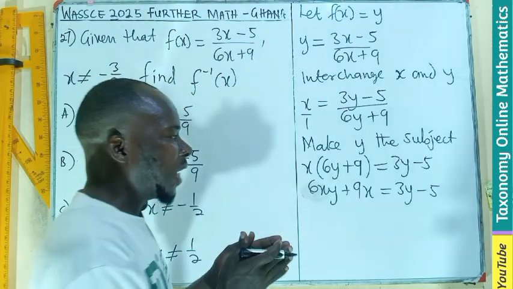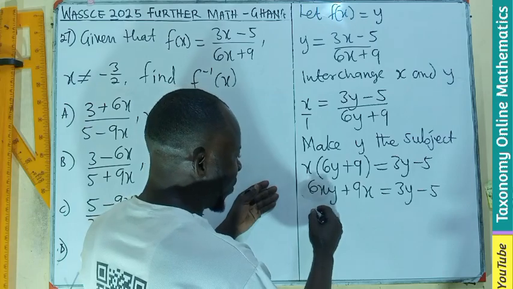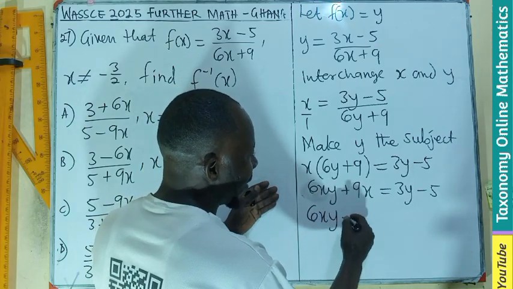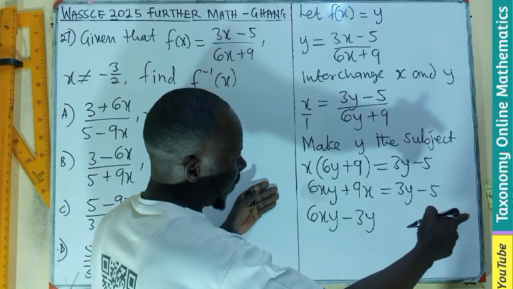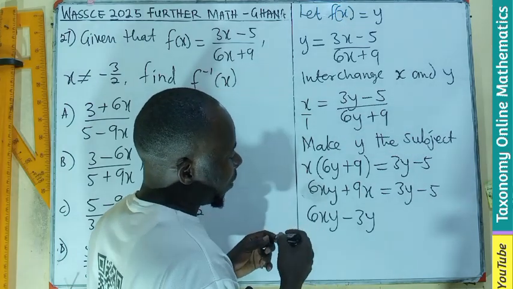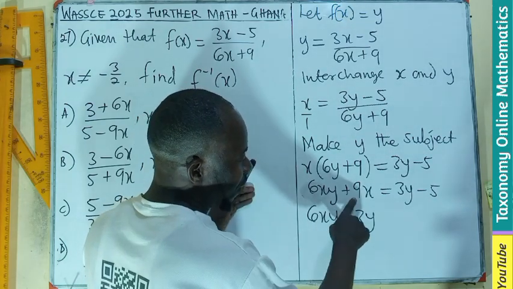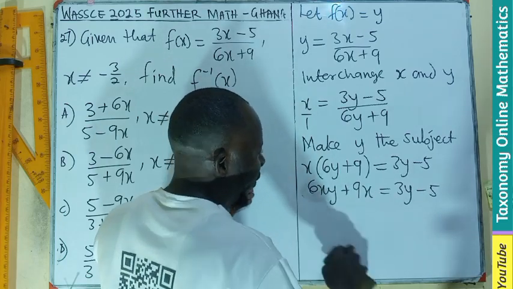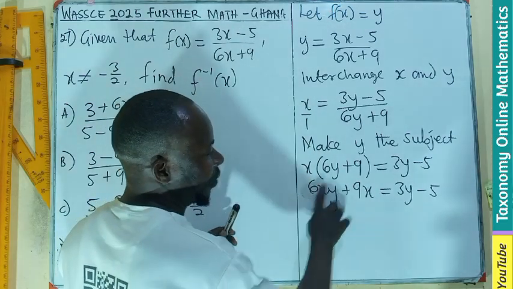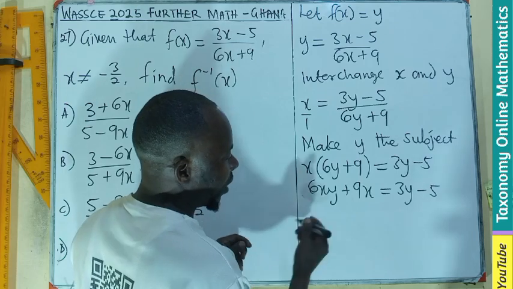So you group them to be at one place. So this is going to be 6xy minus 3y. This is going to be negative, so for me to avoid the negative, let me rather send this one there and bring the 5 in.